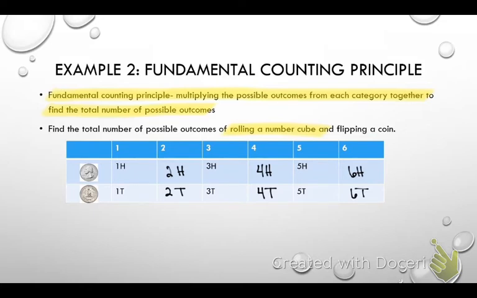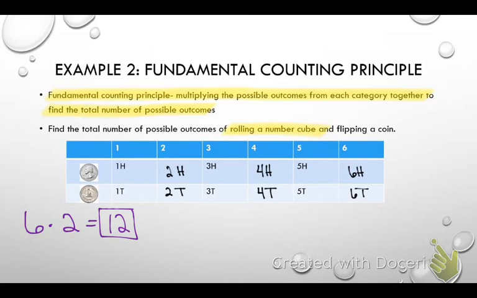How many are there on a coin? 2. So the fundamental counting principle says I can take the total from each category and multiply it together to get 12. Okay? I can get 12 potential outcomes. So that's important because that's my total for any probability that I'm trying to find. All right? You with me?